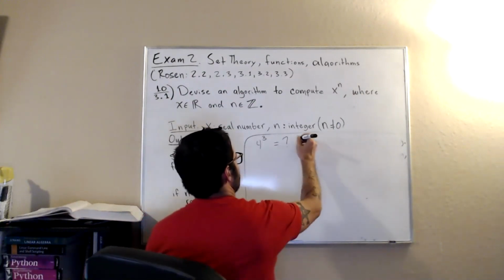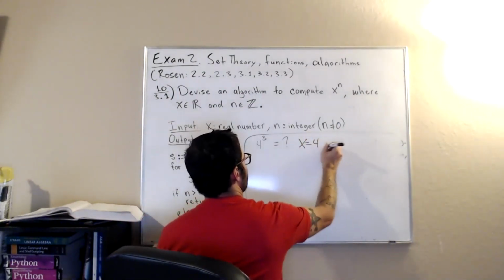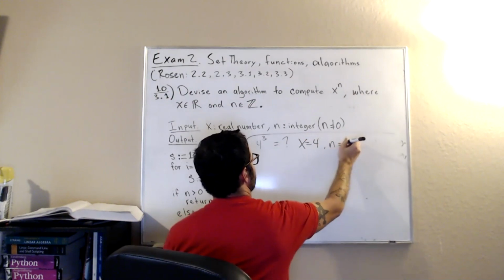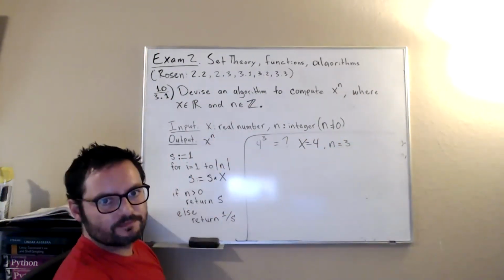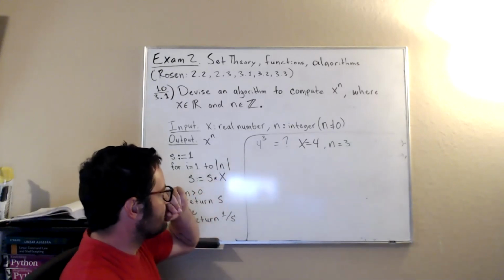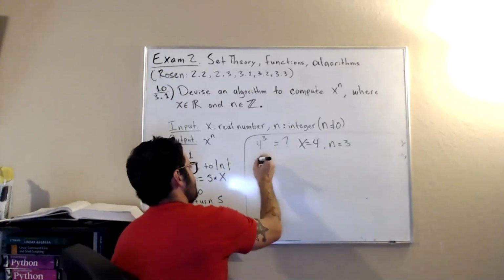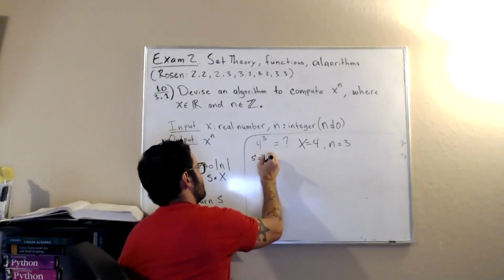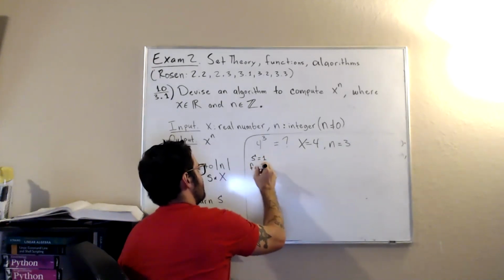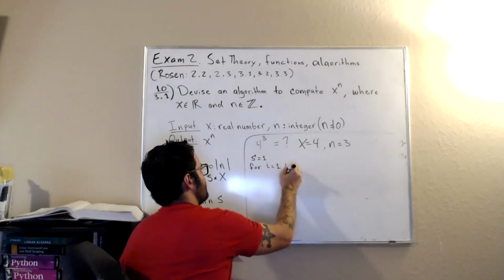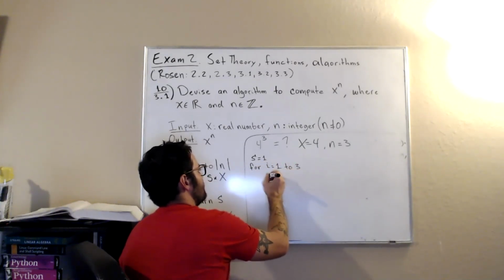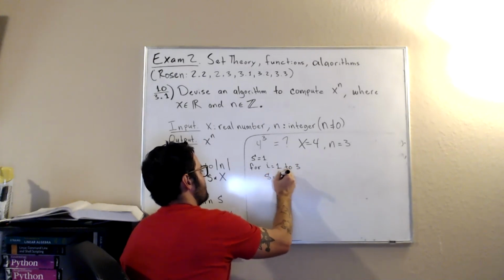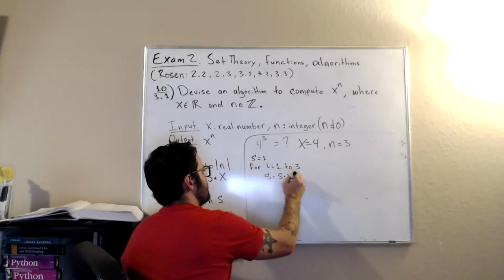Here, x is 4 and n is 3, so it's just raising 4 to the power of 3. So s is equal to 1, and then for i equals 1, 2, 3, s is going to equal s times x.